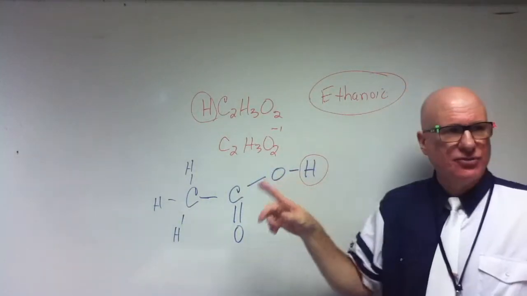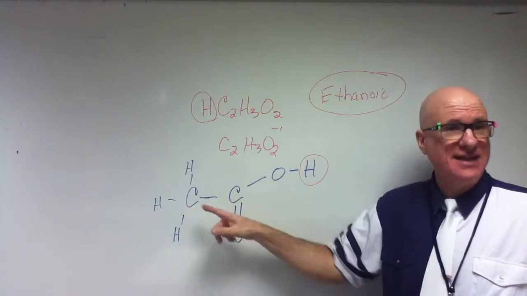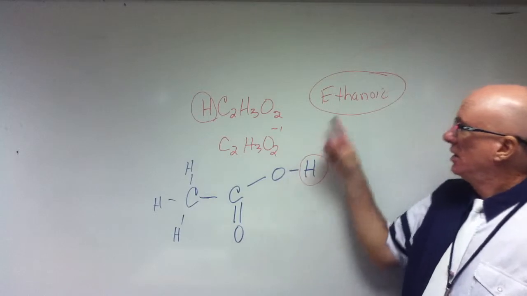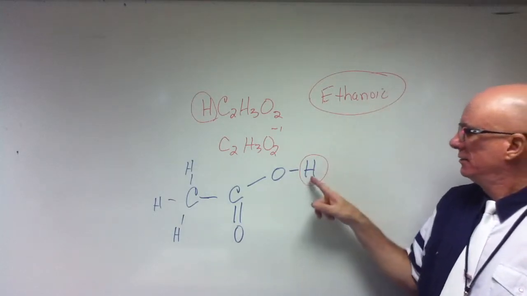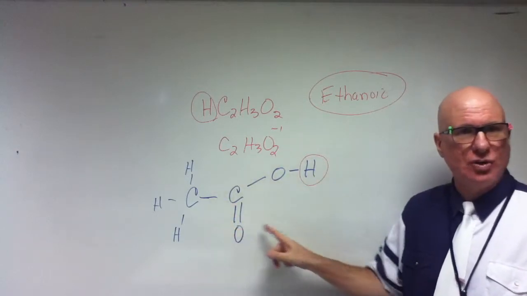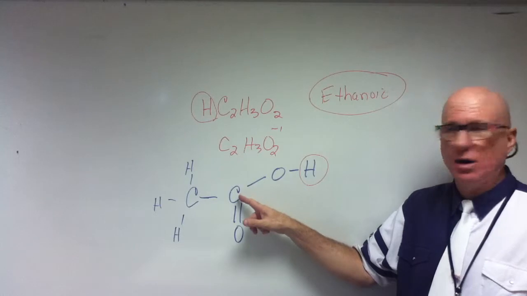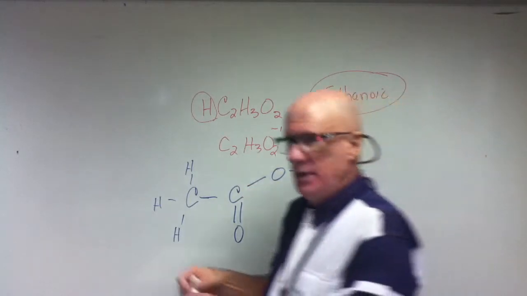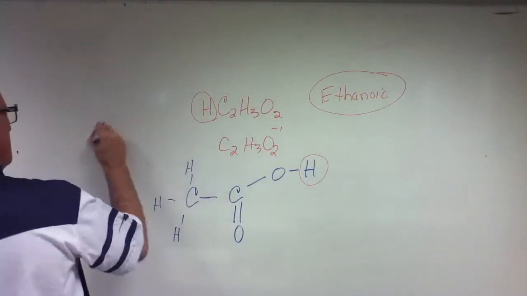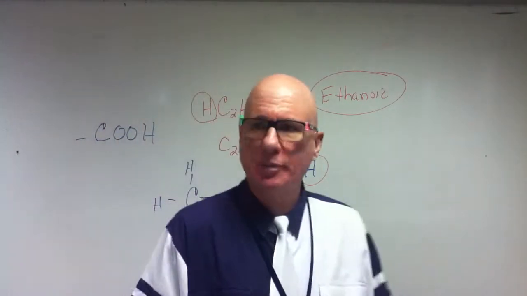Ethanoic comes from ethane, 2 carbons: ethane, ethene, ethyne, etc. The "oic" comes from this group, which is called a carboxyl group. It's the organic acid group, COOH. It's called a functional group, clear?